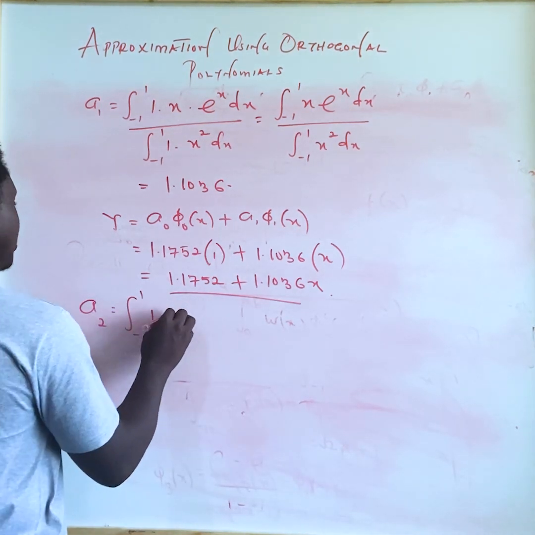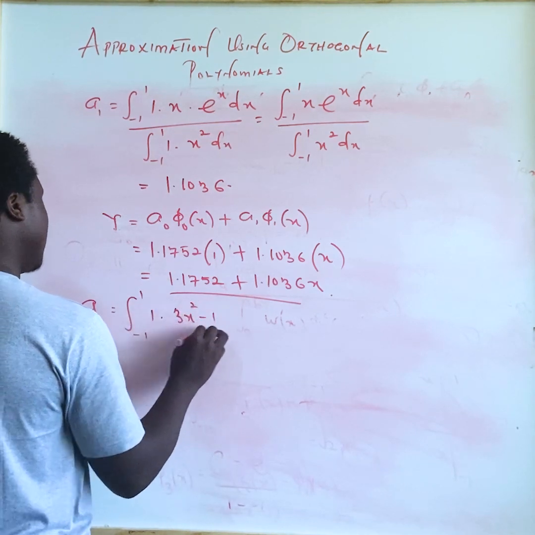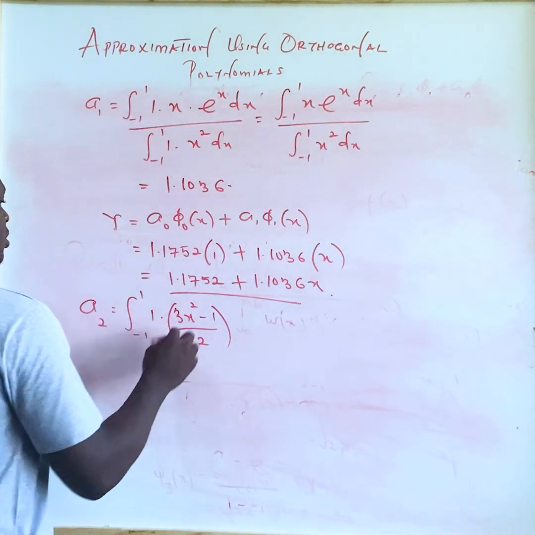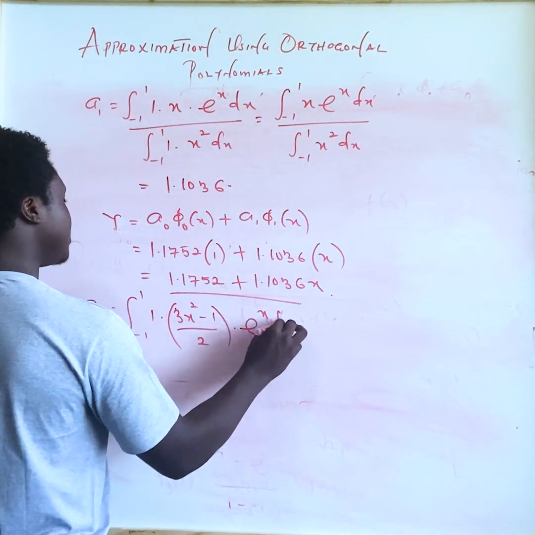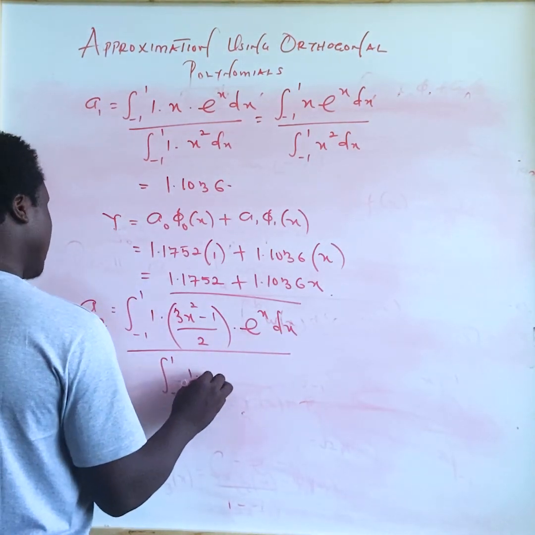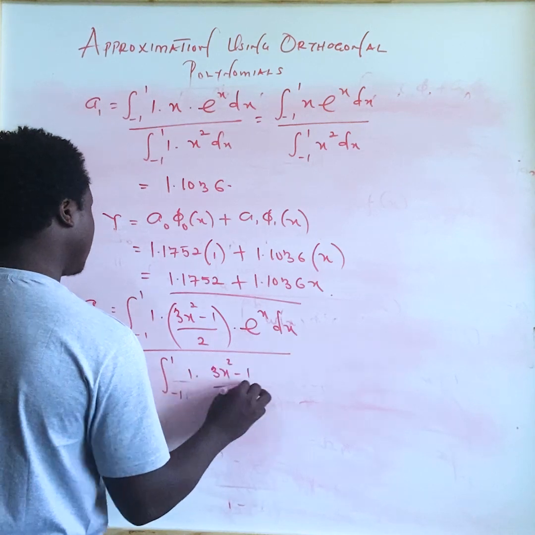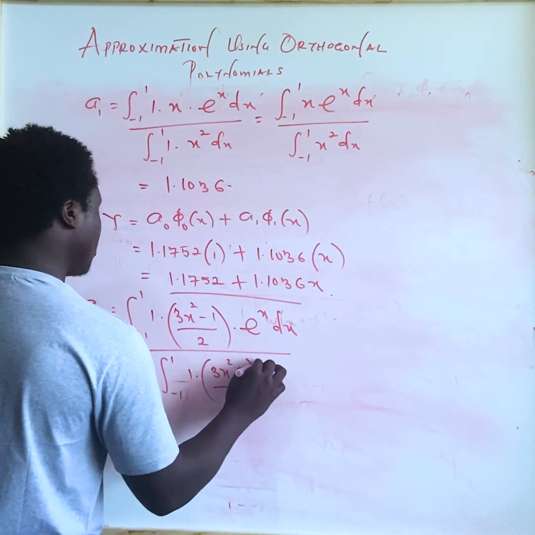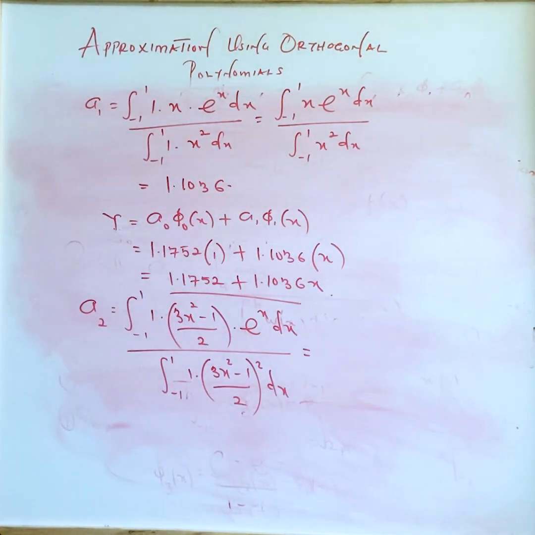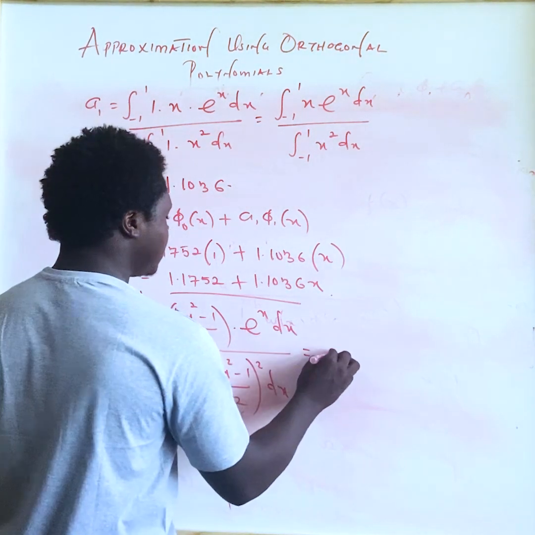Our phi 2 in this case, we said it is 3x squared minus 1 over 2, remember, for a Legendre polynomial, then times exponential x dx over the integral from minus 1 to 1 of 3x squared minus 1 over 2, all squared, dx. And then if you integrate all of this and use your calculator, you will have your result to be 0.3578.